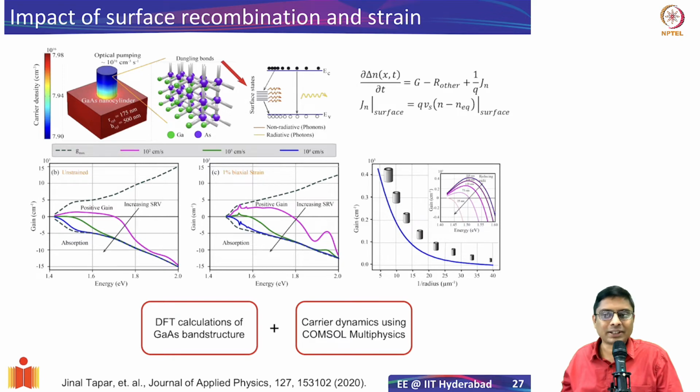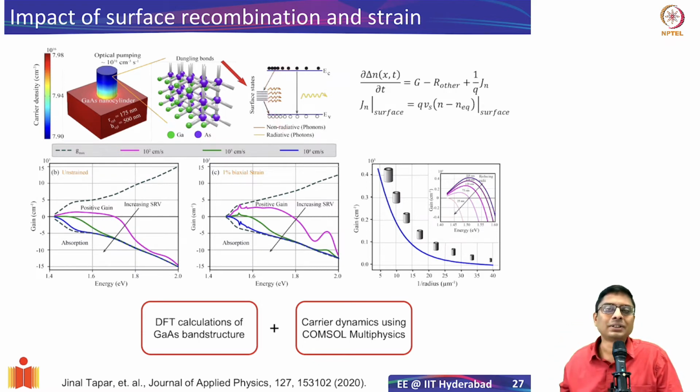In addition to the conduction and valence bands, there are states created in the forbidden band gap region, which help the electrons recombine with the holes in a much more efficient manner.